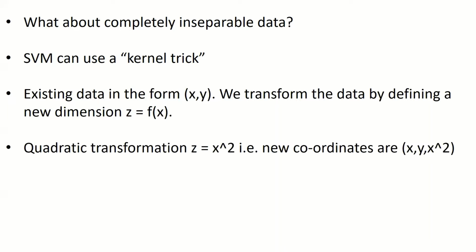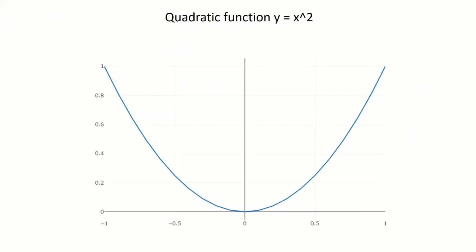So let's consider the quadratic transformation, which works well for that particular graph I just showed you. So we're going to embed a third dimension Z, which is equal to X squared. Why this works well in this particular case, our quadratic function, the further you move away from 0 in either direction, the response will be to increase the value either side.